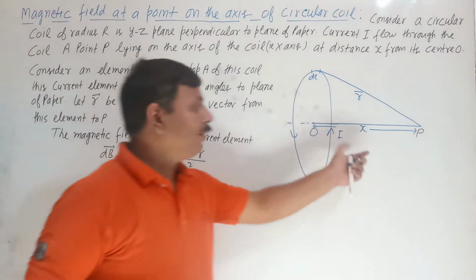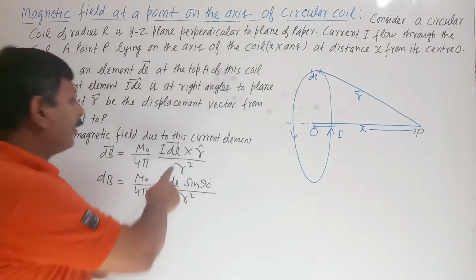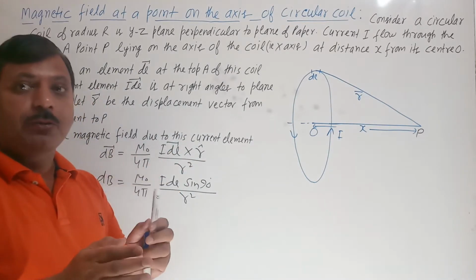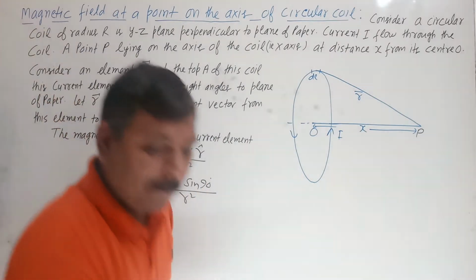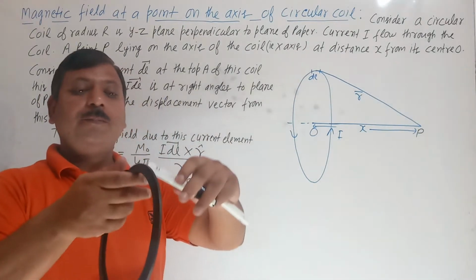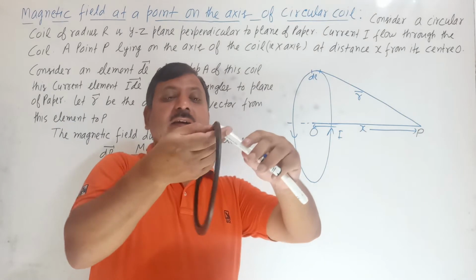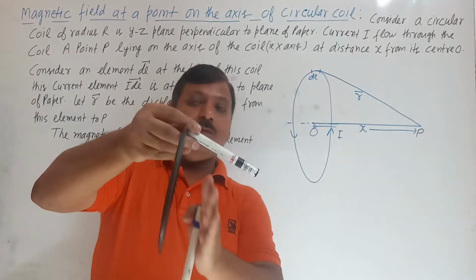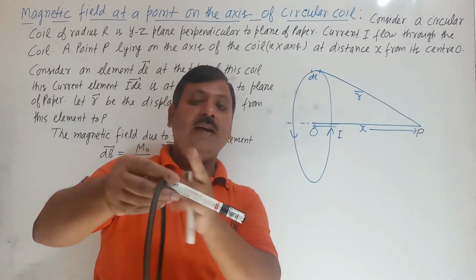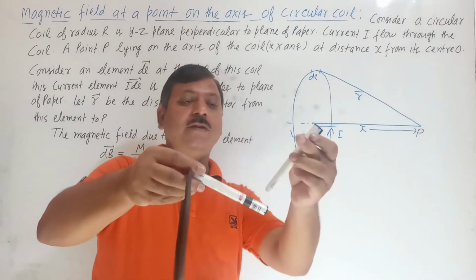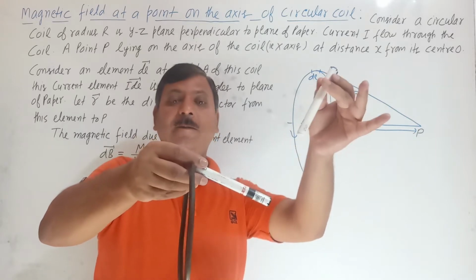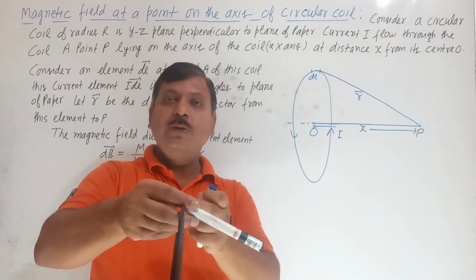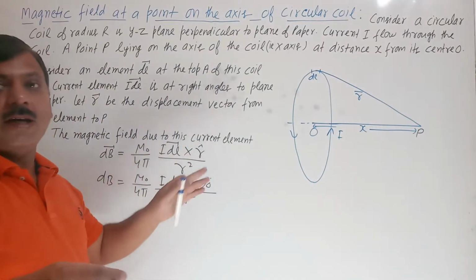What will be the direction? The cross product Idl cross r, so dB will be perpendicular to both dl and r. I have shown here, suppose this is the ring and this is vector r, one plane, and another perpendicular to this. This will be the direction of the magnetic field, perpendicular to both r and dl. dl cross r is a cross product.